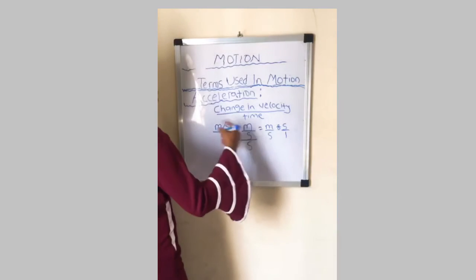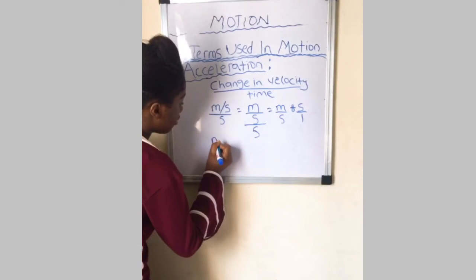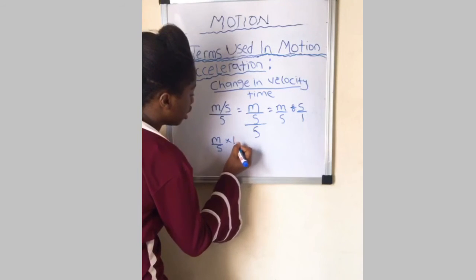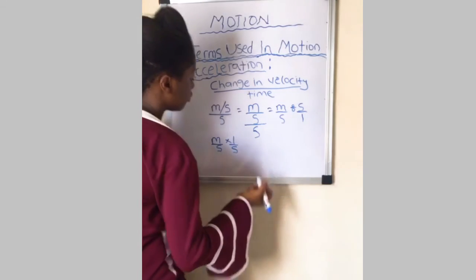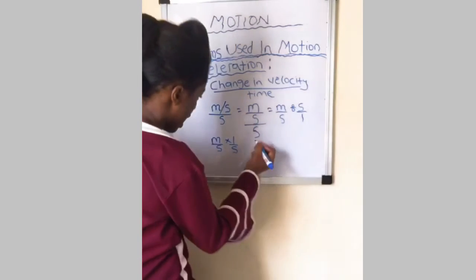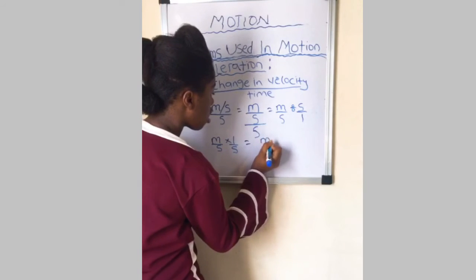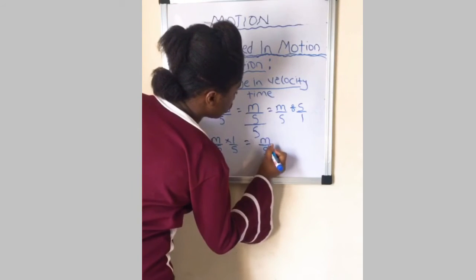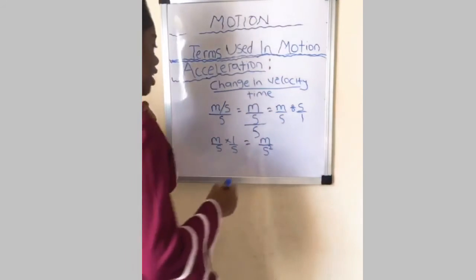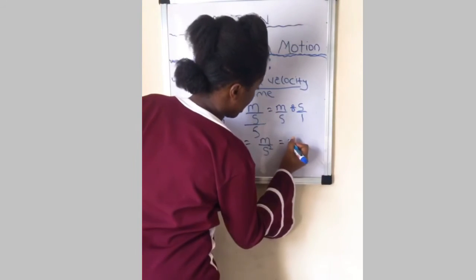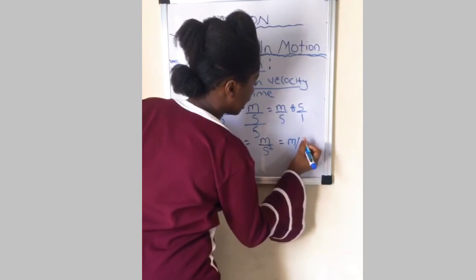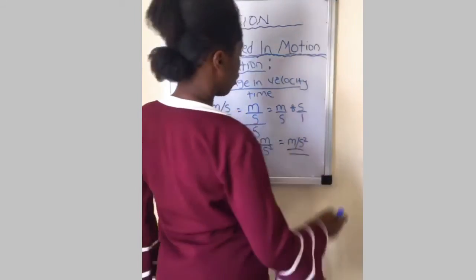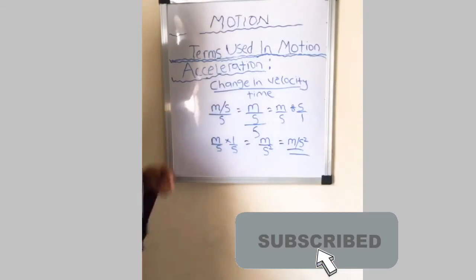So this becomes m over s times 1 over s. M times 1 is m, s times s equals s squared. Now you can also write it as meter per second squared. This is how the SI unit of acceleration was derived.